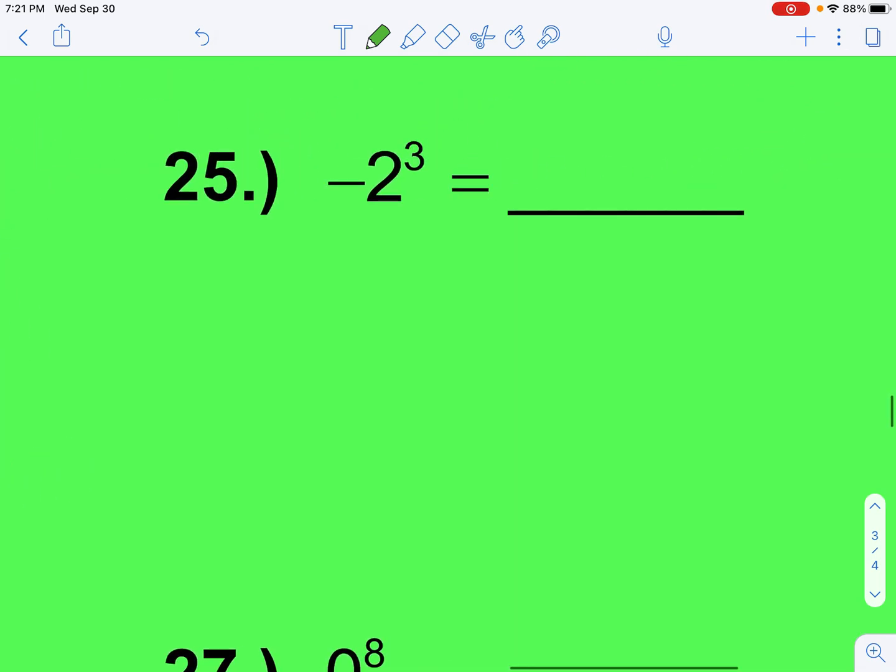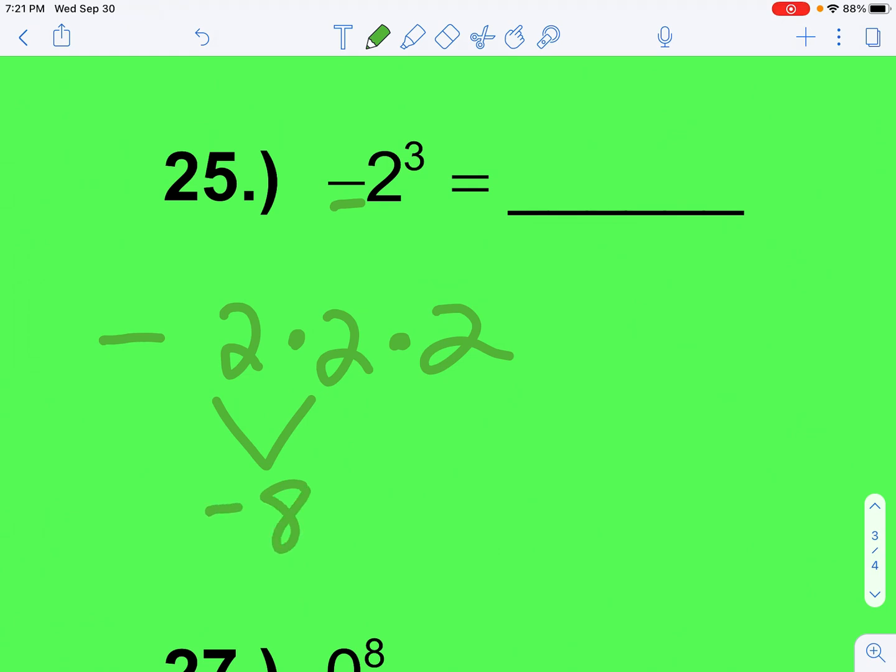Okay, let's look at 25. This time I have a negative sign out in front. So that means I just keep my negative, and I have a 2 times 2 times 2. Okay, so I have a negative 2 times 2. That gives me a negative, oops, not 8, sorry, a negative 4.